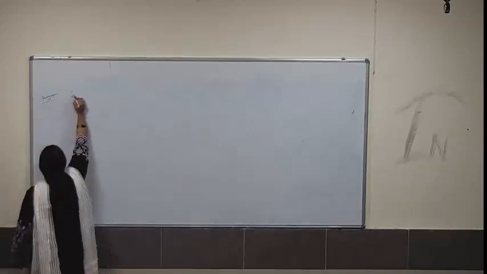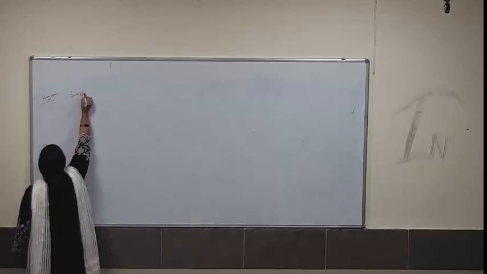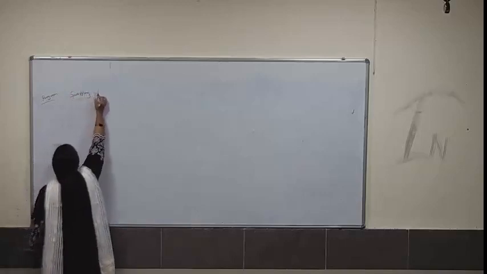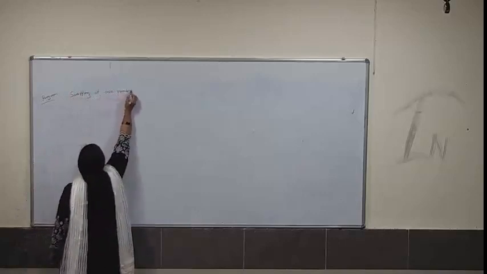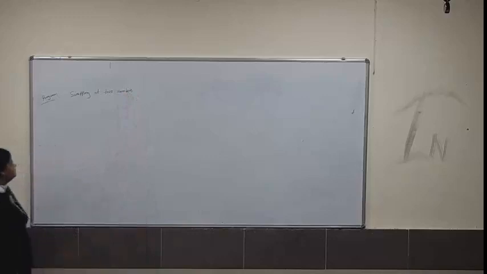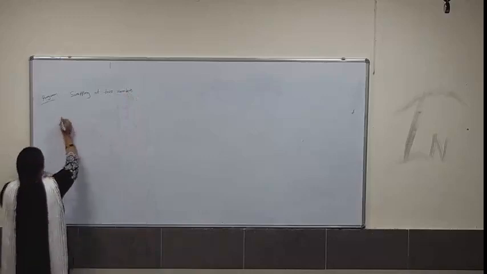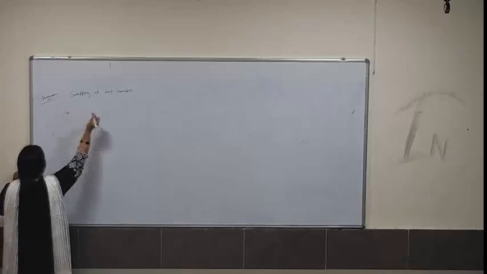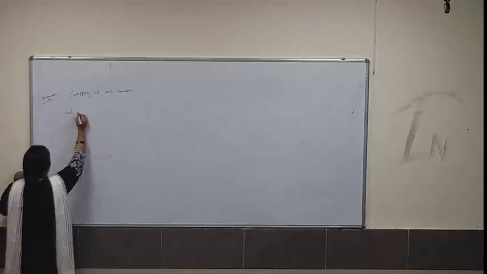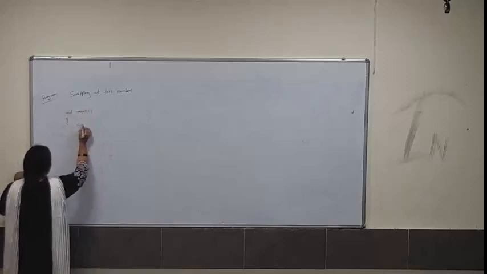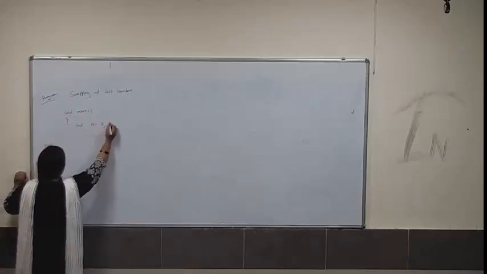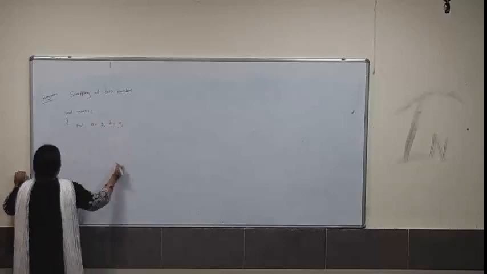Program: swapping of two numbers. Here we are going to swap the values of two variables with the help of a function. void main, int a equal to 5, b equal to 10.